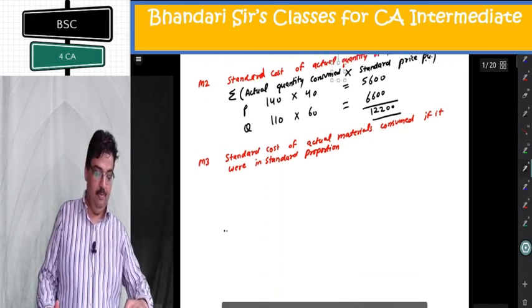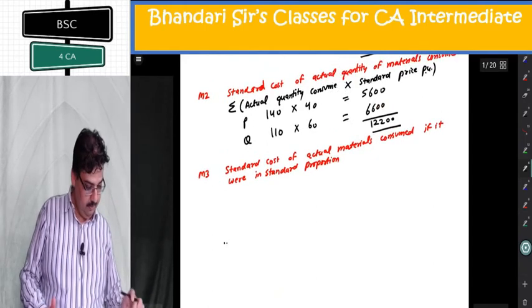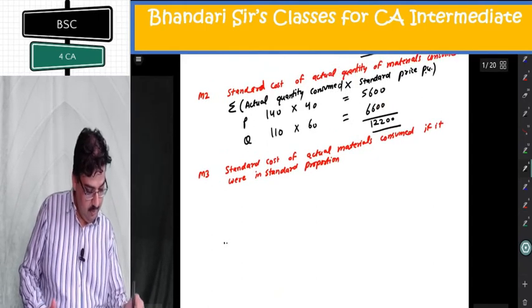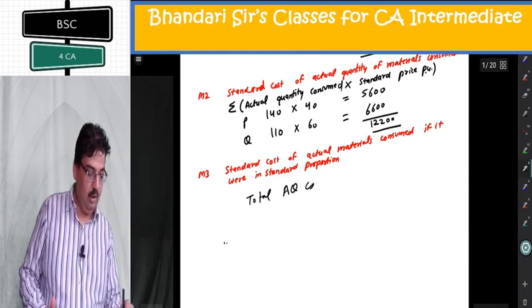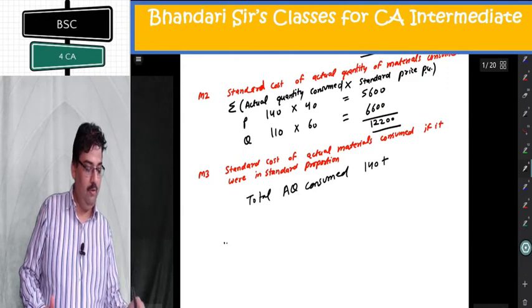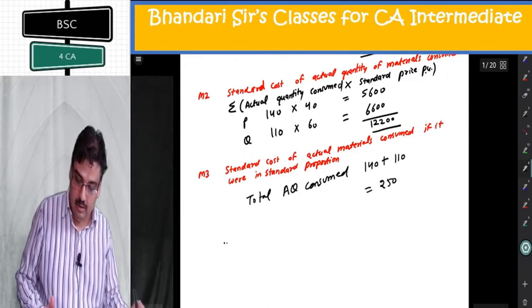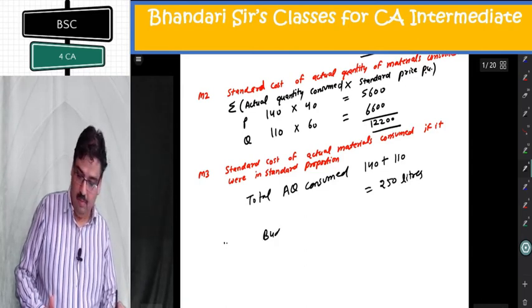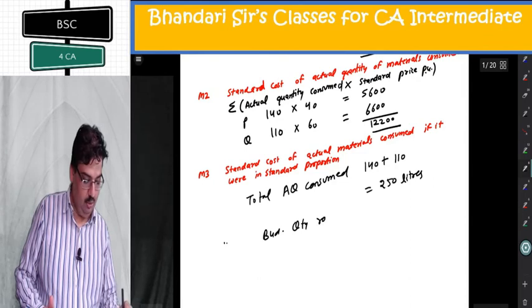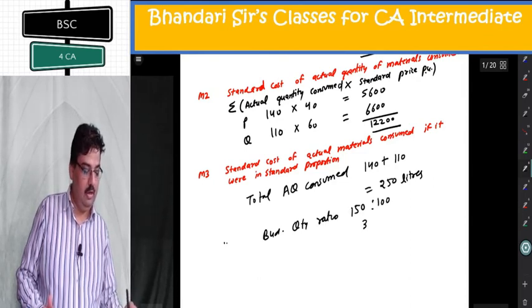Third step, mix related step. Total actual quantity consumed, 140 plus 110, that is 250 liters. Budgeted quantity ratio, 150 ratio 100, that is 3 ratio 2.